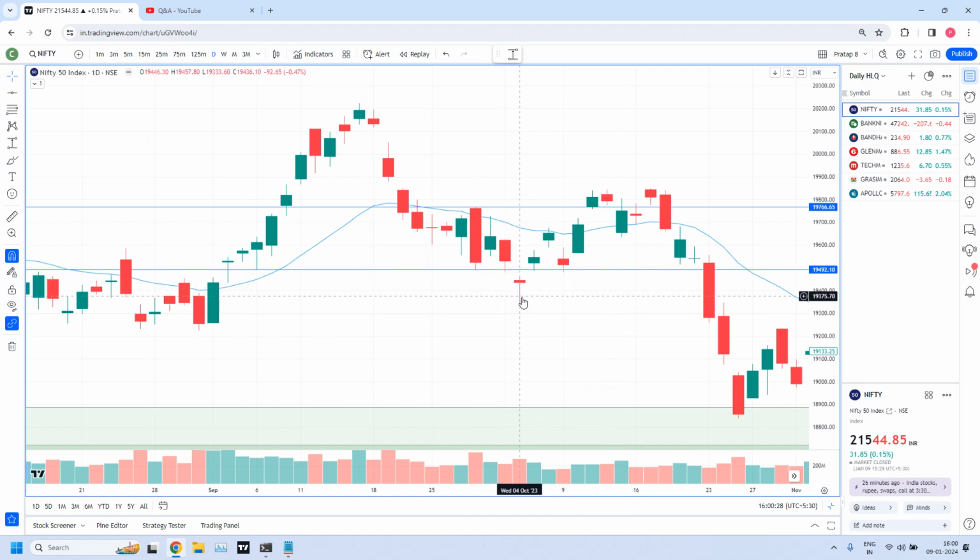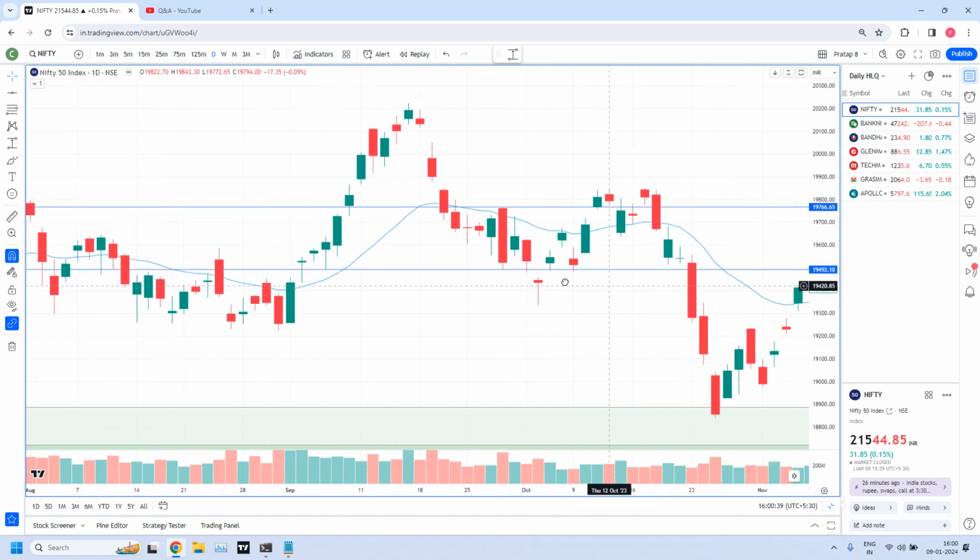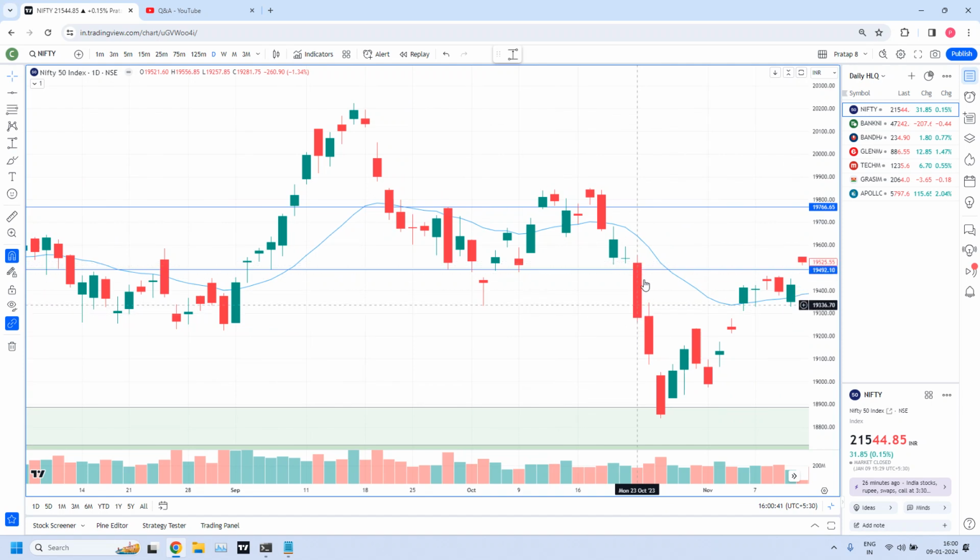The price is pushed down, it looks like this inside bar is broken out, but later again, for some days, prices are stuck within this region. When the real break has come, here the real break has come, institutions created a new zone and pushed the prices down here. That way the prices have come down.